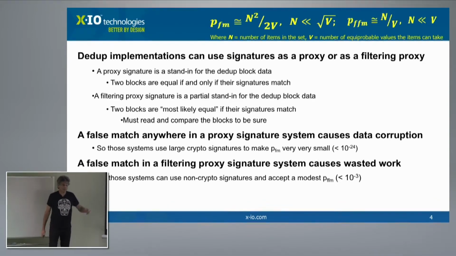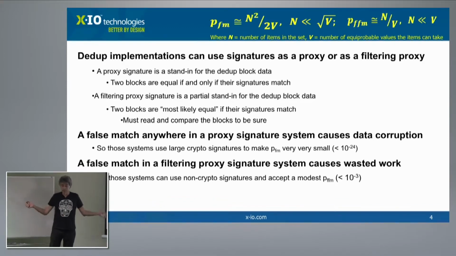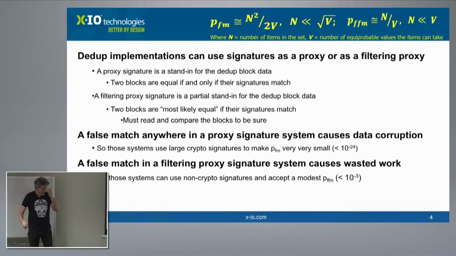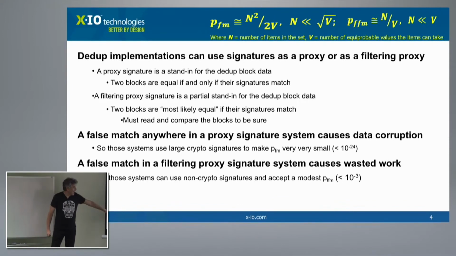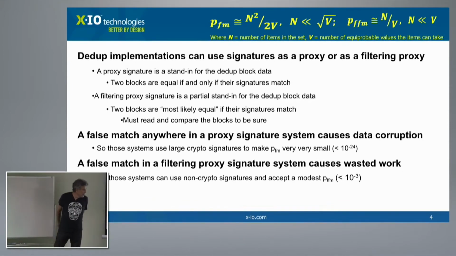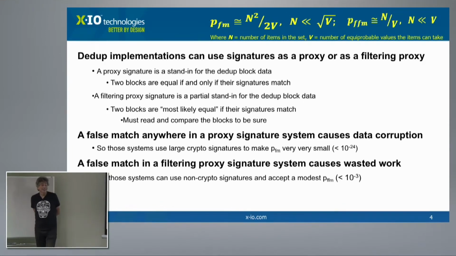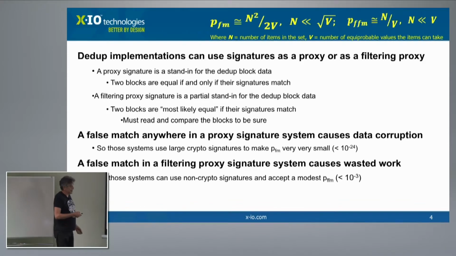You don't want to corrupt data more often than that, which, by the way, means millions of systems running for millions of years before you see a corruption. On the other hand, here you can relax that constraint a little, and it would be perfectly reasonable to have 1 out of 1,000 matches require you to unnecessarily go to the disk to figure out that the data matches, right? Because it's just performance.